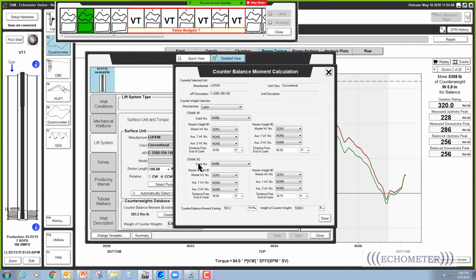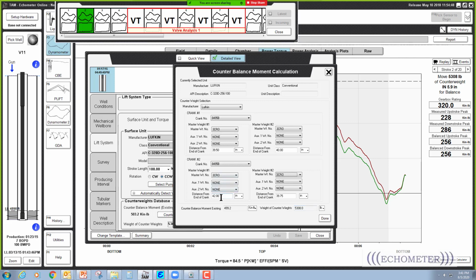And this one is crank number 2, 8495B crank, with the same master weights in a slightly different position. And if you change the position, like from 39 to 42 or whatever, then it's going to change the counterbalance moment. The weights will stay the same.